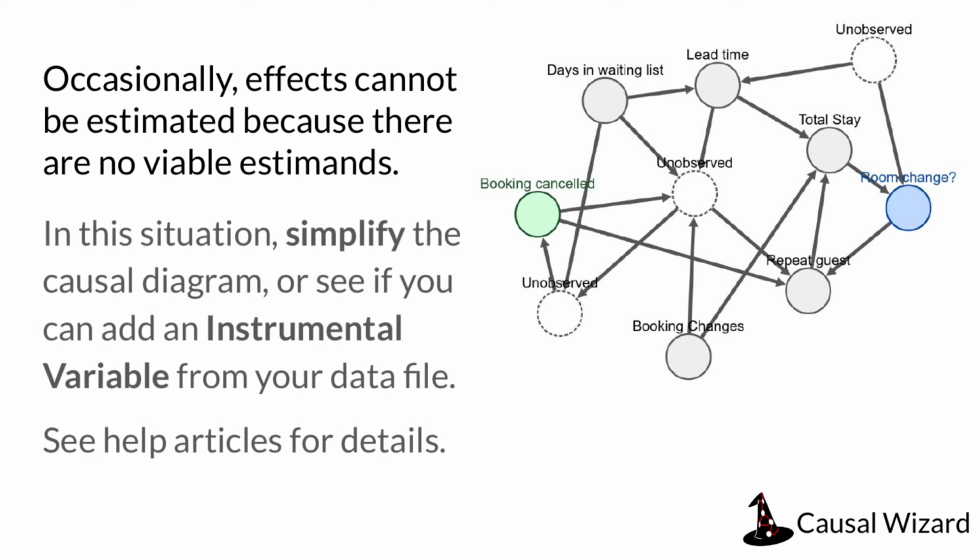In this situation, you should try to simplify the causal diagram, or alternatively, see if you can add an instrumental variable from your data file. Please search our help articles for more information about instrumental variables. Help articles can be accessed from the Help menu.